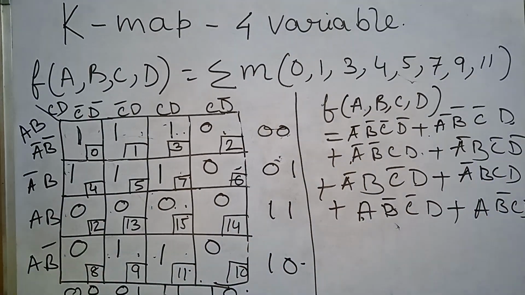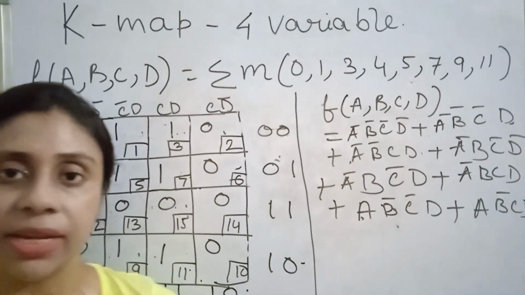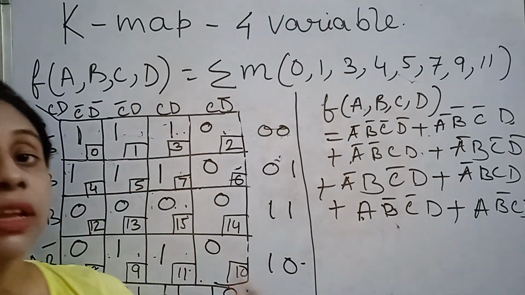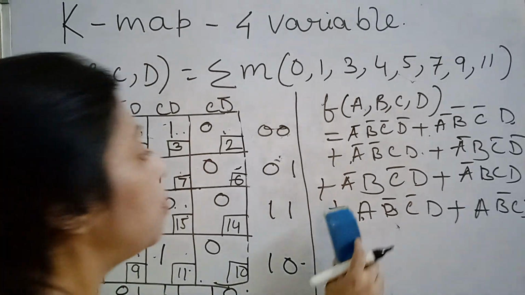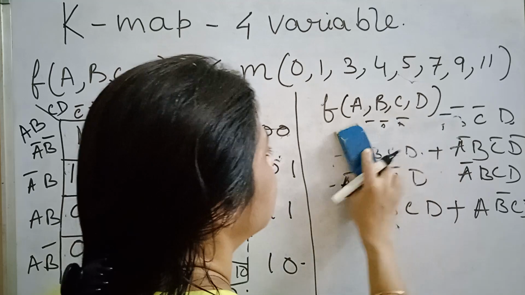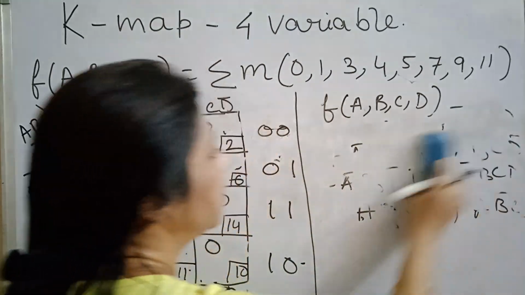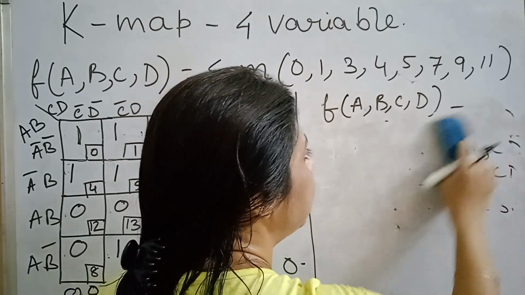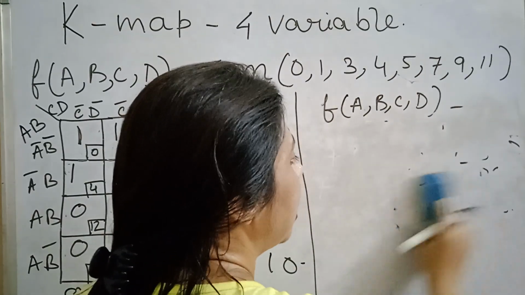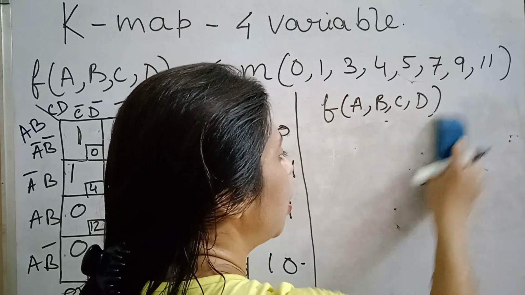So this is the original expression, that is, the expression in its original form before minimization. We have not yet minimized. Now we will do the minimization using the Kmap principle. As I have said, there are 3 important rules. The number of ones should be in powers of 2.